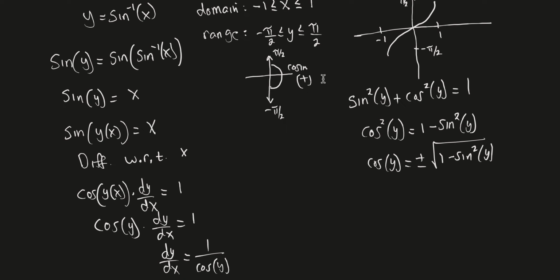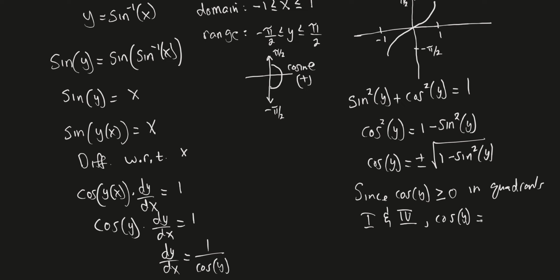Well, what does that mean? It means I have to get rid of the negative in front of my square root, because this side is always positive, so I certainly can't have anything negative on this side. So since the cosine of y is greater than or equal to 0 in quadrants 1 and 4, the cosine of y is the square root of 1 minus sine squared of y.